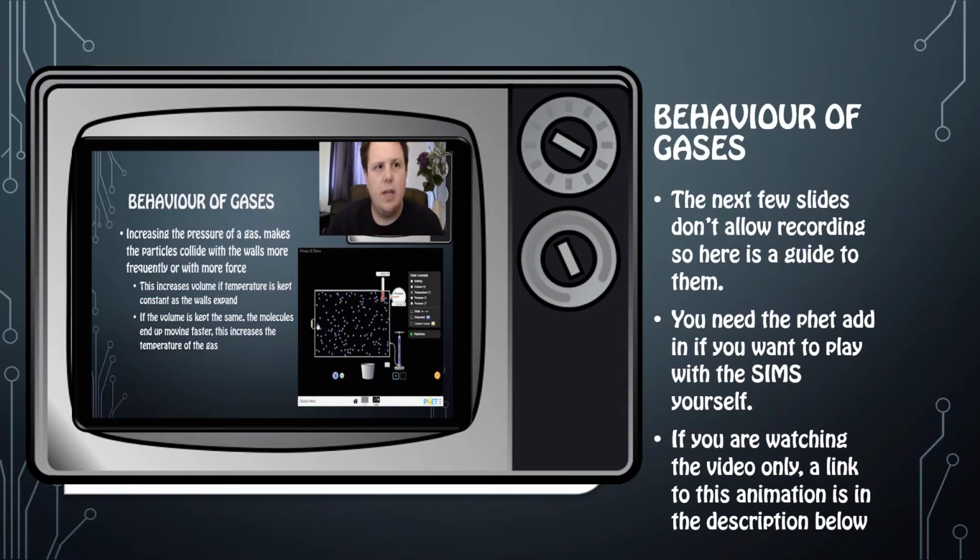So if we keep the temperature constant, this is going to make the walls expand. Yeah, more force on them, they're going to expand out. If we keep the volume the same though, what we will get now is the molecules end up moving faster, because they are colliding with the walls more often, and this is going to increase the temperature of this gas.